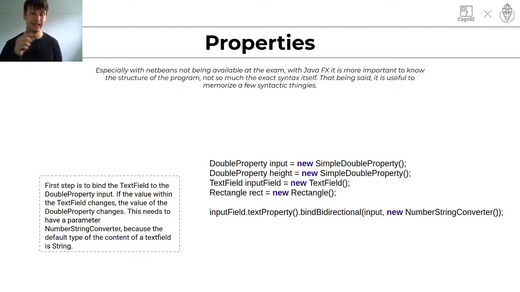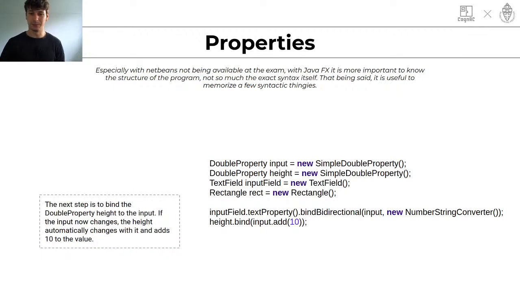Basically, this means that if the value in the text property changes, then the value of the input property changes as well. So if I enter the number 5 in it, then the double property value will change to 5 as well. In this particular feature, I don't know why I added 10 to the input, but we're essentially saying that the height double property is binded to the input double property plus 10.